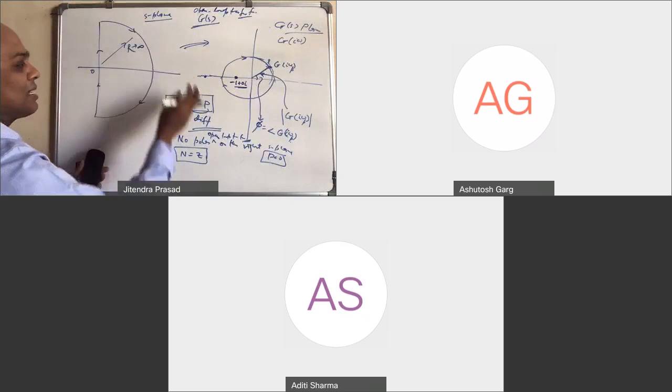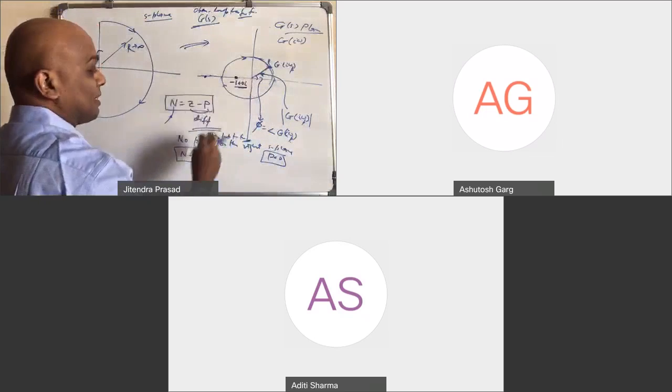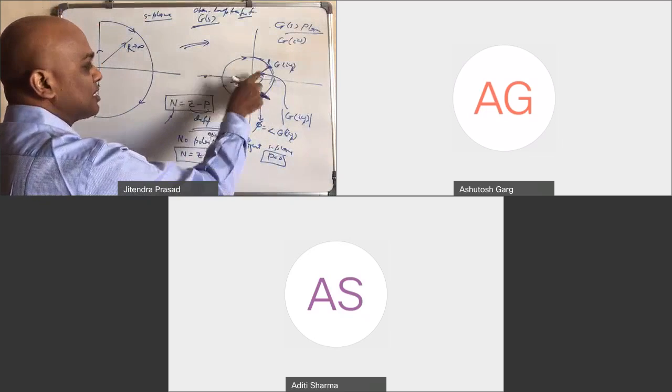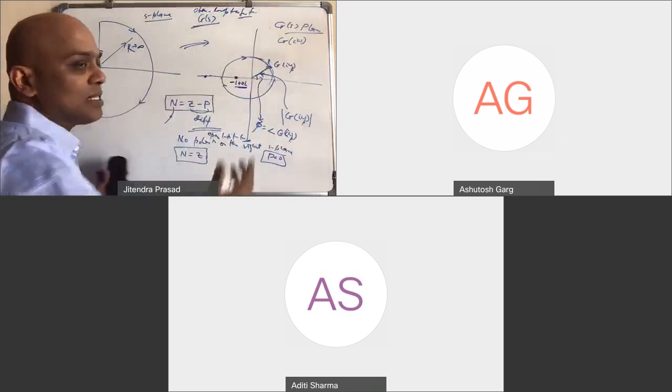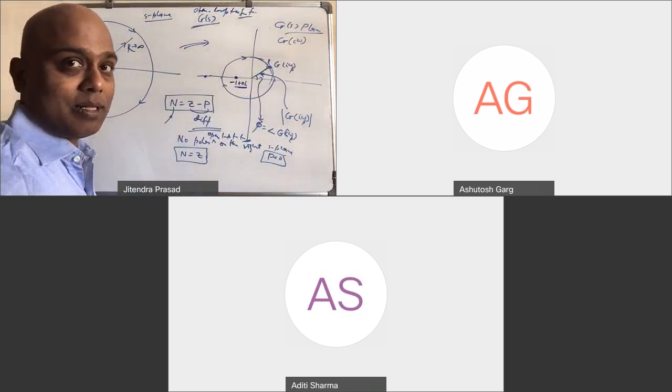If there is a zero on the right S plane, that really means the system is not stable.